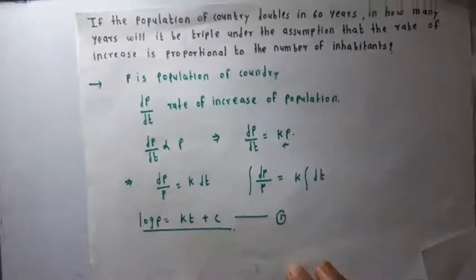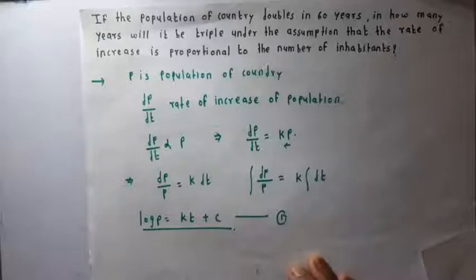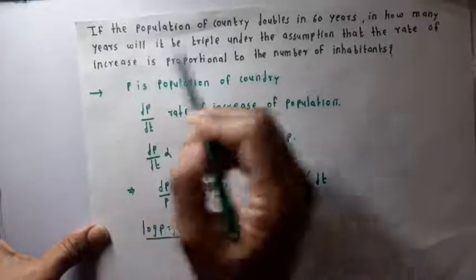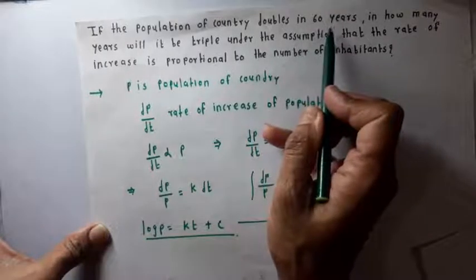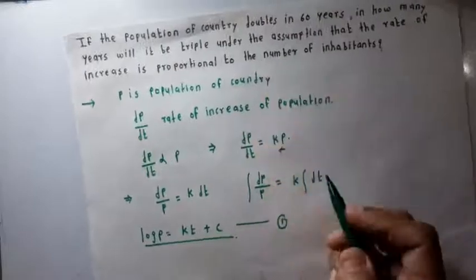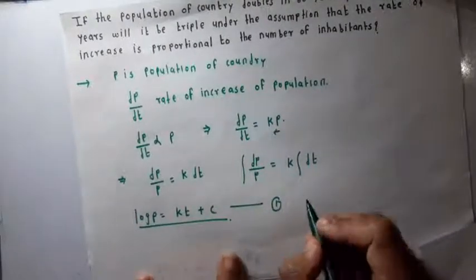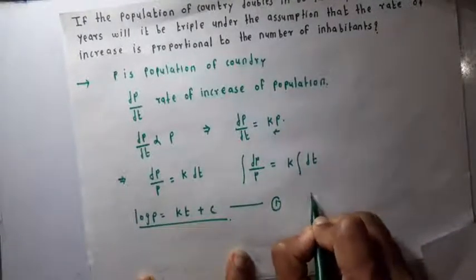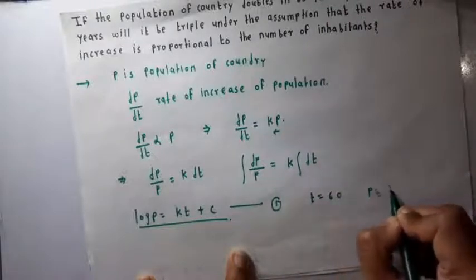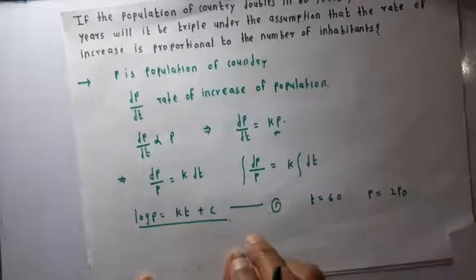In this equation, let us put the given values from the problem. What are the given things? The population doubles in 60 years. Means T equals 60, P equals twice P0.